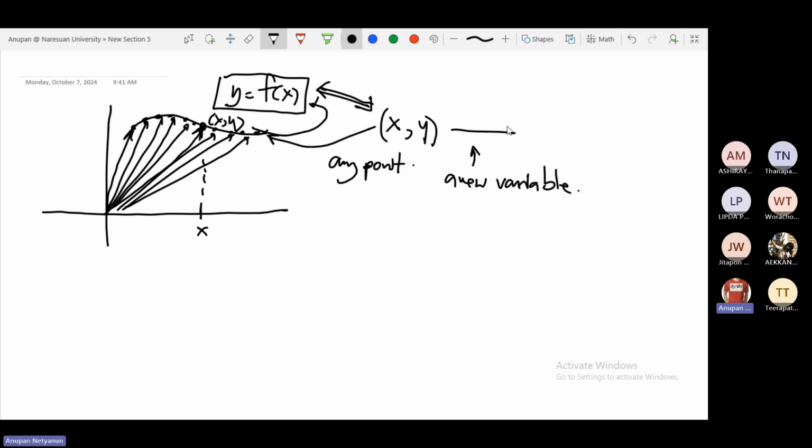So this point will become x that is depending on t and y that is depending on t, and still in this relationship too.